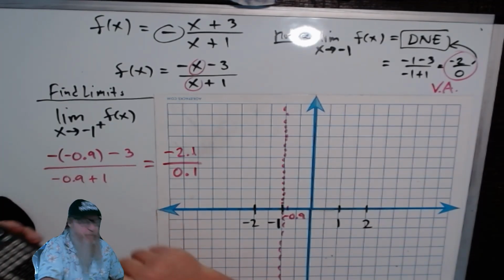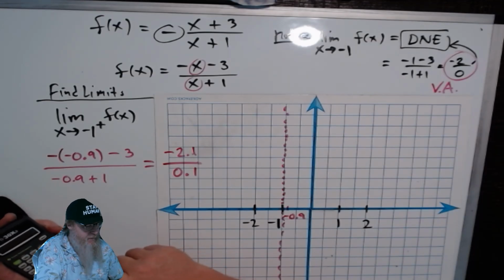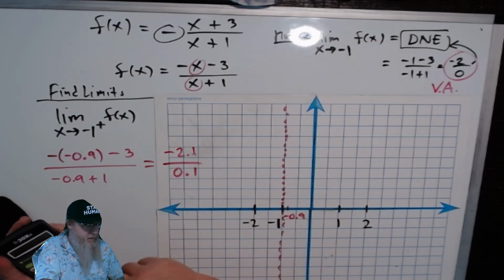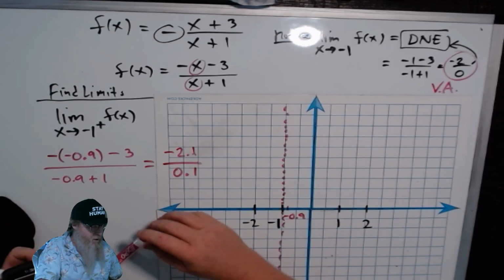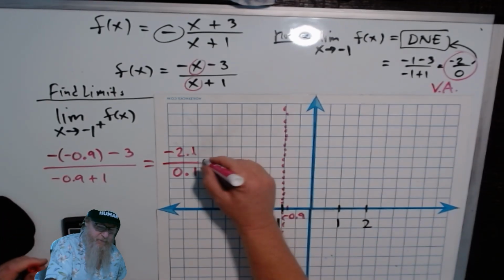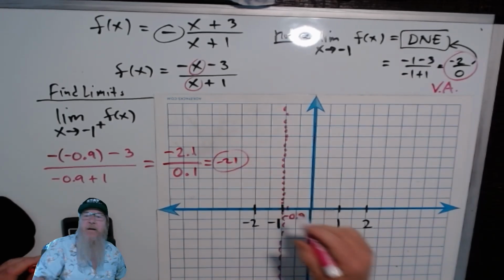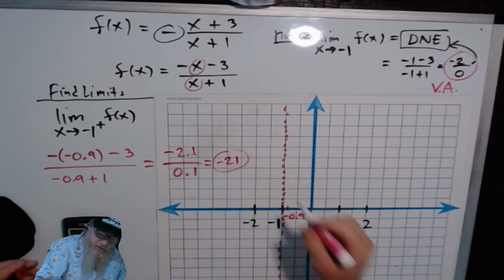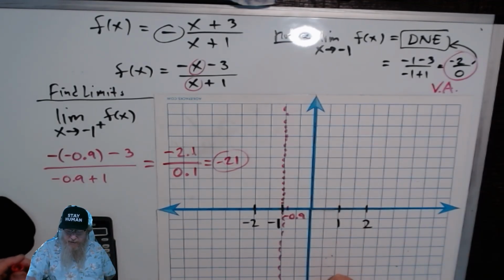So double negative becomes positive. 0.9 minus 3, negative 2.1, divided by 0.1 is negative 21. I don't really care that it's 21. I just care that it's way down here.